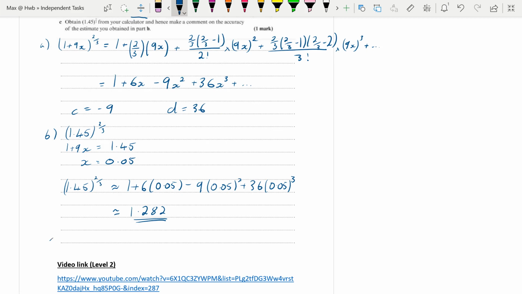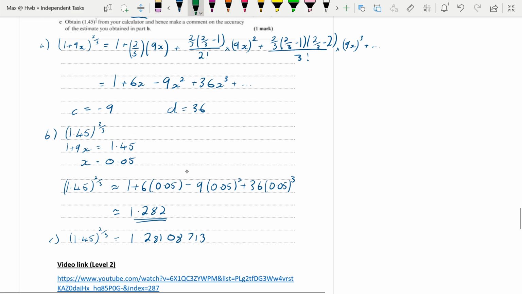So the final part, what it wants me to do is compare. It says obtain 1.45 to the power of 2/3 from your calculator. So if I do that in my calculator, I get 1.28108713. That's the answer I get. And hence make a comment on the accuracy of the estimate. So you see these are really, really close.